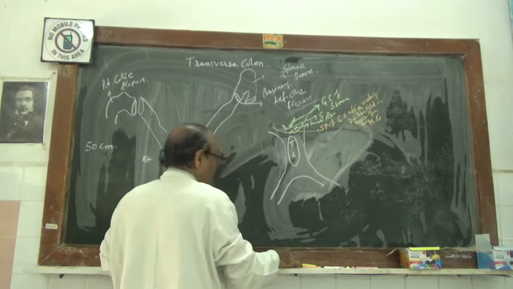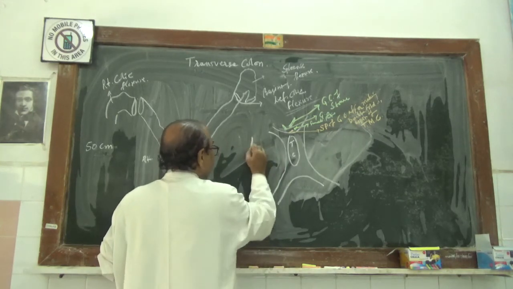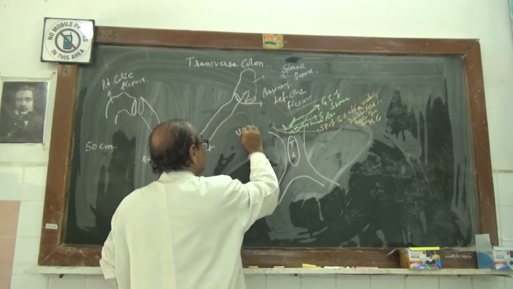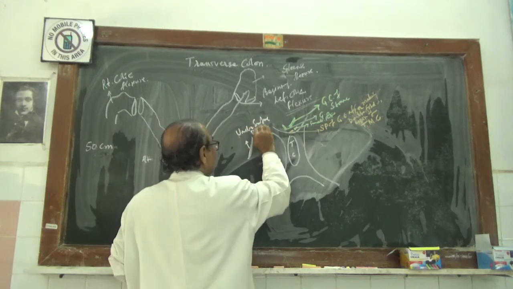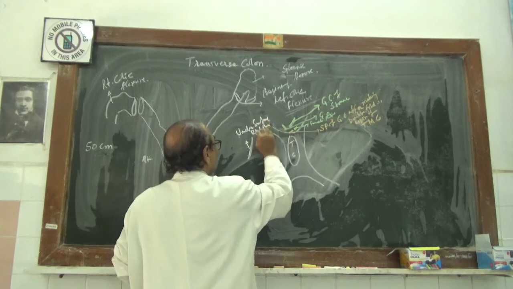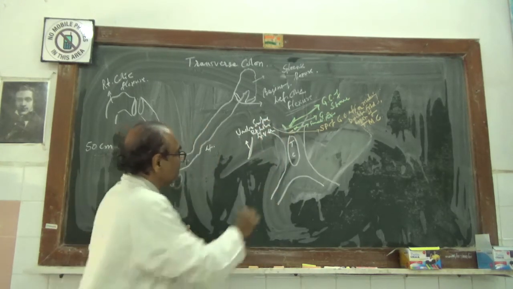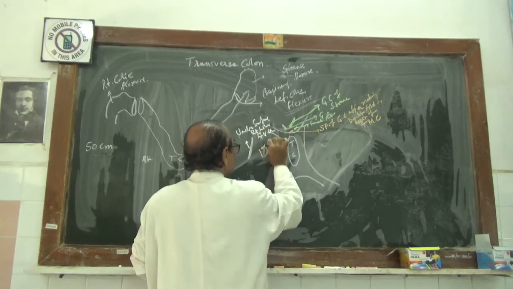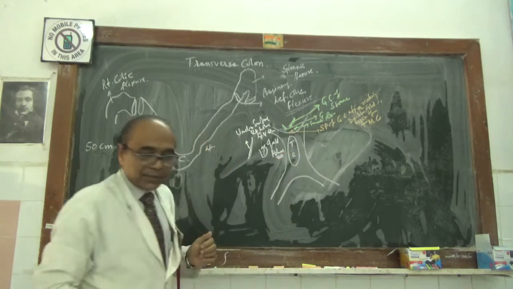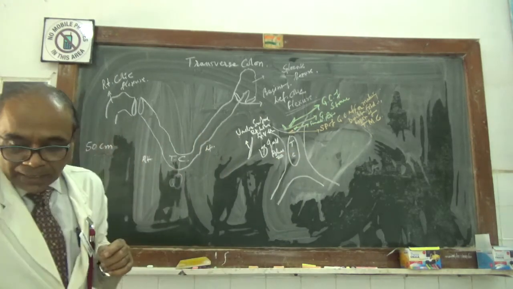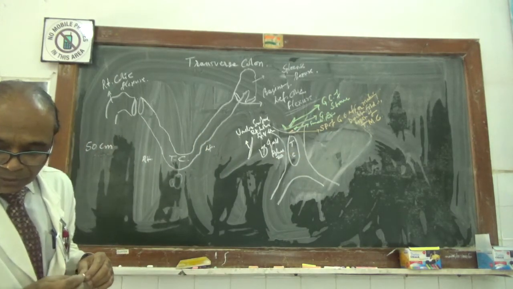Now in front, what are the things there? In front you will be having the under surface of the right lobe of liver, then the gallbladder. After the gallbladder, you will have further things.